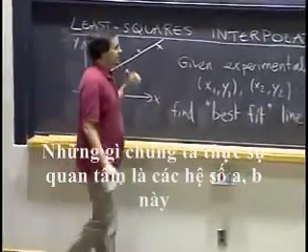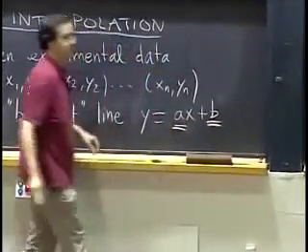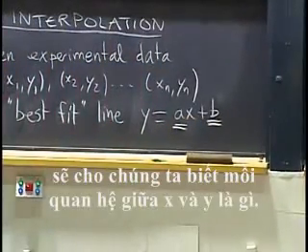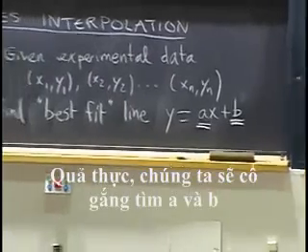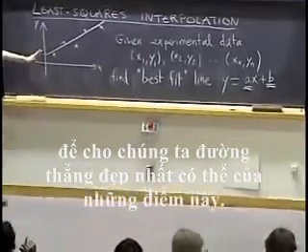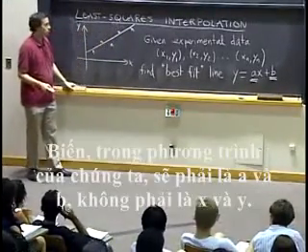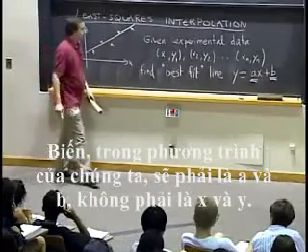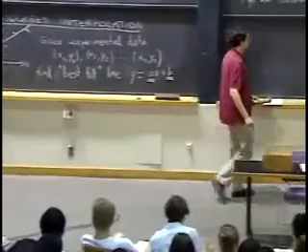What we care about is actually these coefficients a and b that will tell us what the relation is between x and y. So in fact, we are trying to solve for a and b that will give us the nicest possible line through these points. Okay, so the unknowns in our equations will have to be a and b, not x and y.